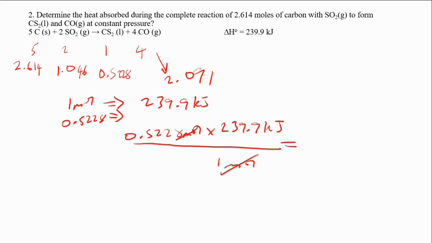And so the amount of heat absorbed would be 0.5228 times 239.9, divided by 1, and we end up with 125.228 kilojoules. So that is the amount of heat absorbed.